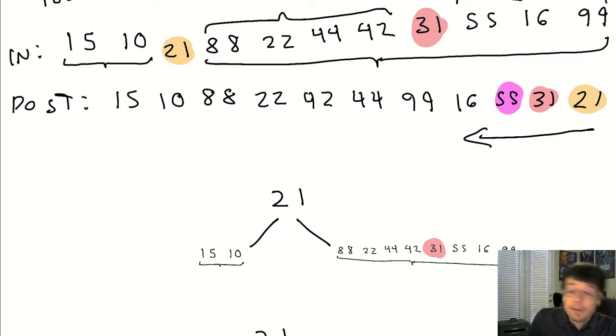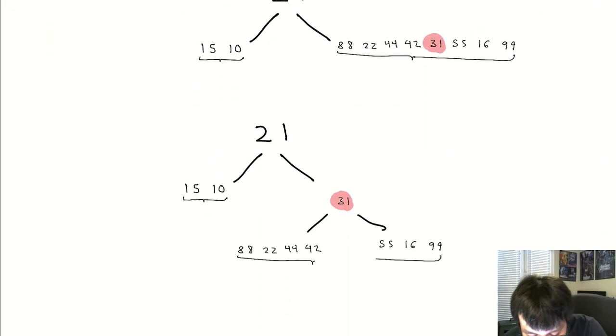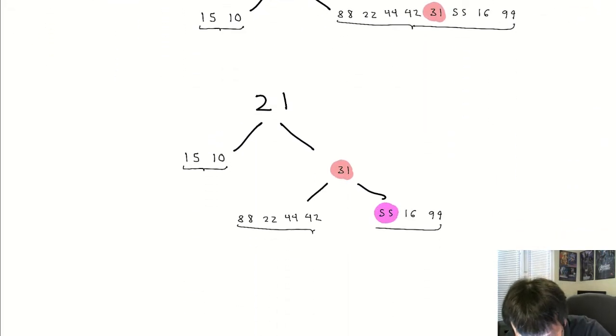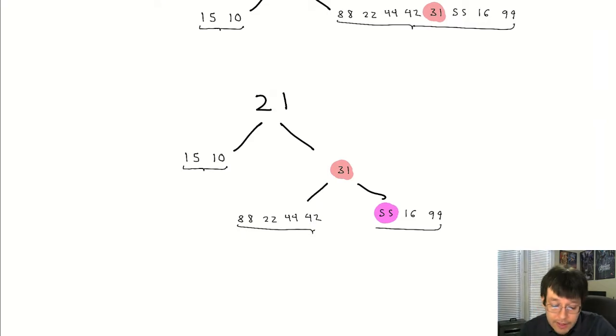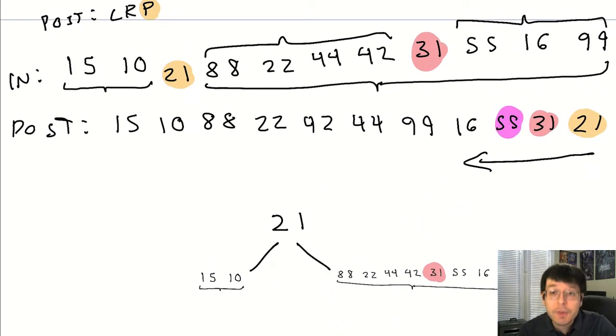What does that mean? The same thing it meant with the relation between the 21 and the 31: the 55 must be a direct child of whoever that list belongs to. So where is 55 in our list? 55 in our list is right here. Therefore, 55 must be a direct child of 31.